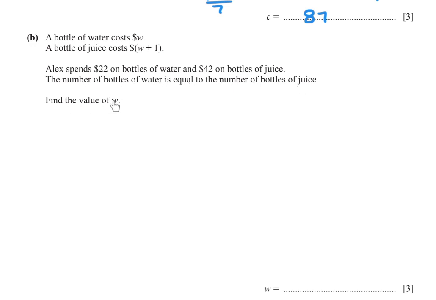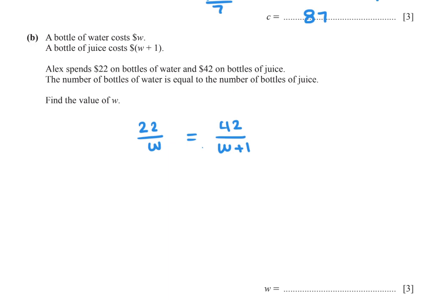Find the value of W. So to find the number of bottles of water, you need to divide the total cost for the bottles of water, which is 22, by the cost of each one, which is W. This equals the number of bottles of juice, so the total cost for all bottles of juice, which is 42, over the cost of each one, which is W plus 1.